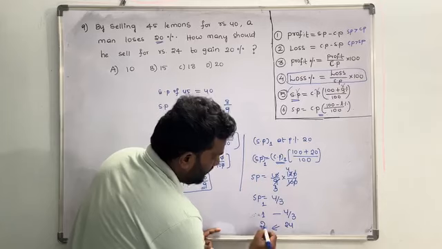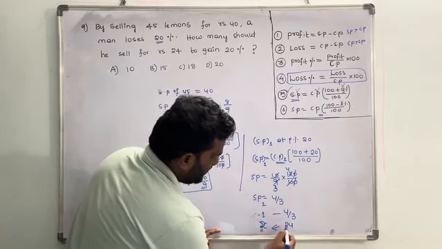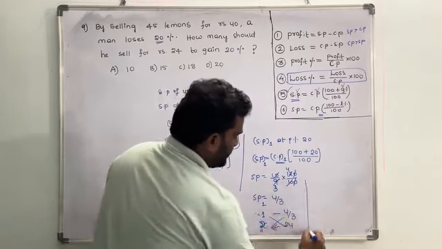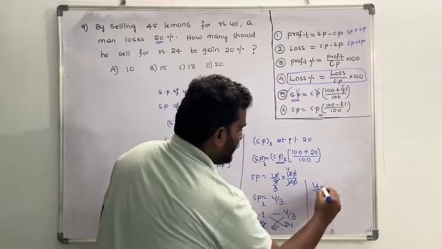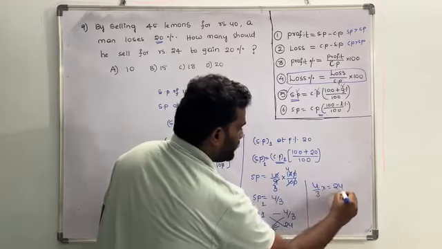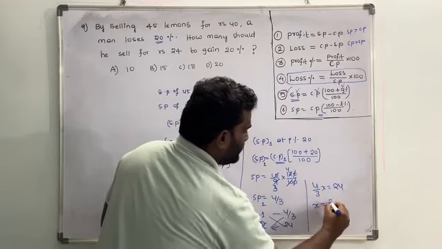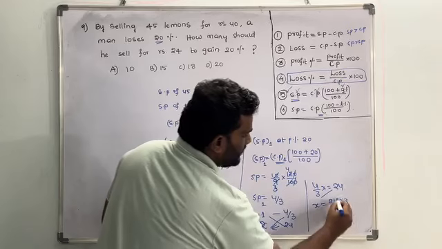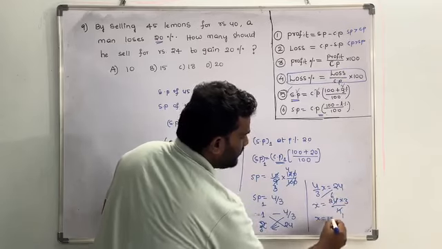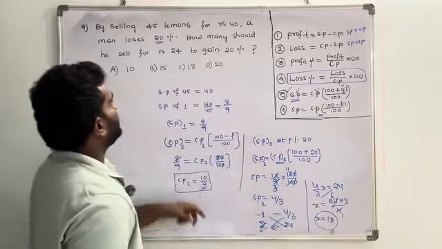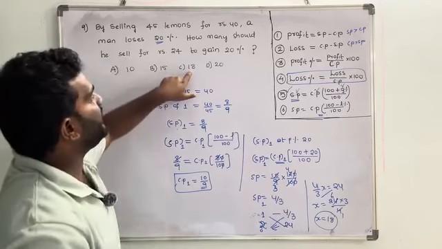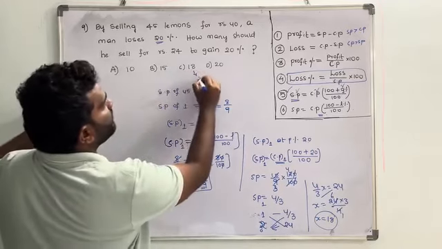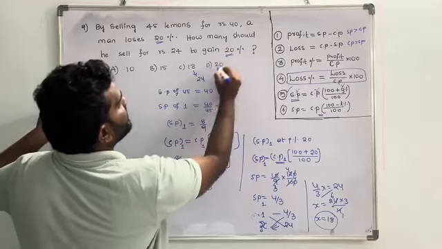Simply take this as x and cross multiply. So 4 by 3 x is equal to 24 into 1, and x is equal to 24 multiplied by 3 by 4, which is 18 lemons. So he has to sell 18 lemons for 24 rupees to get a 20% profit.